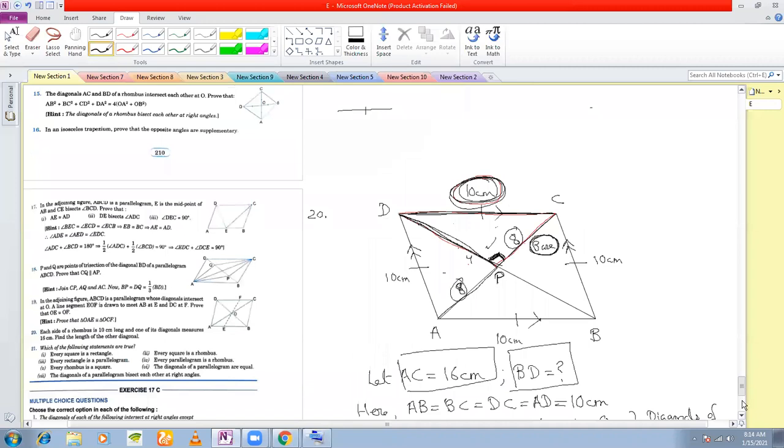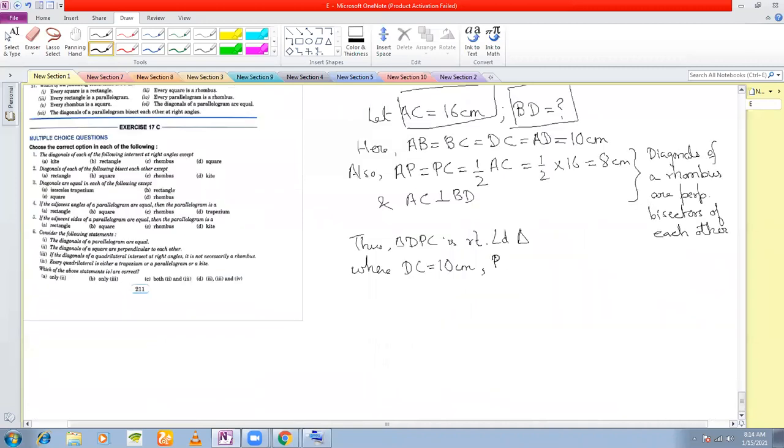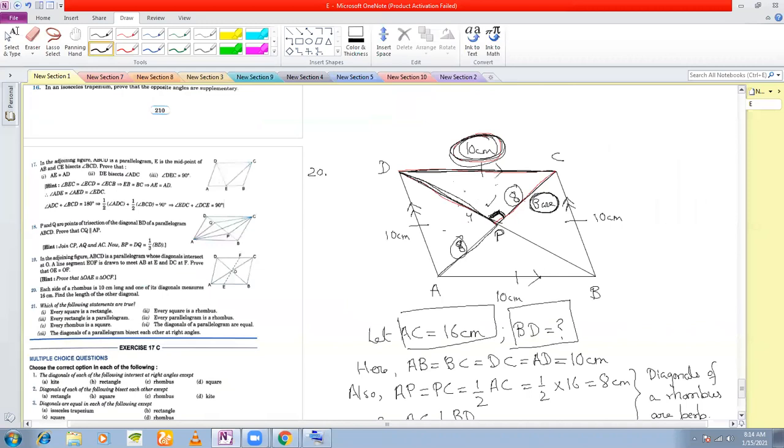Base PC is equal to 8 centimeters. That means we have now got two lengths here. We have got this base and we have got the hypotenuse. So now we'll apply Pythagoras theorem.